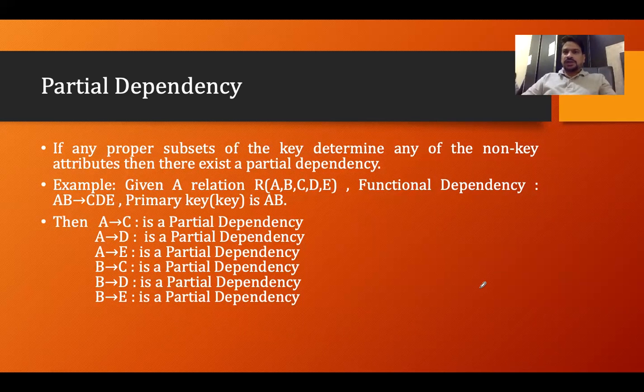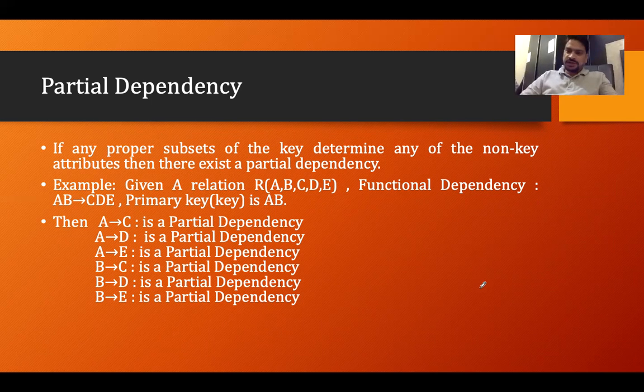In the full functional dependency, the determinant part cannot be reduced further. It means the determinant is minimal. It means the left hand side part of the dependency should not be reduced further. That dependency is called full functional dependency.